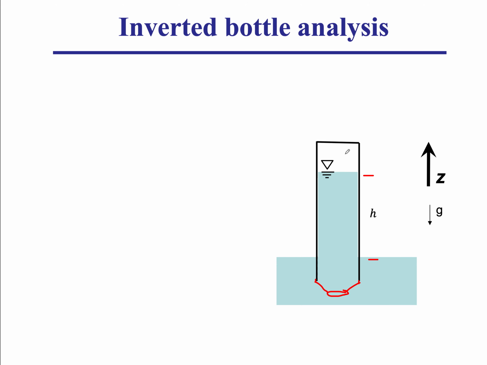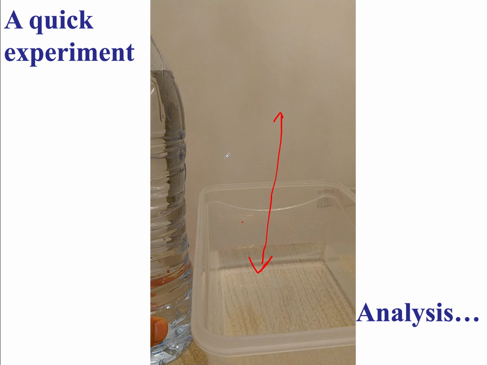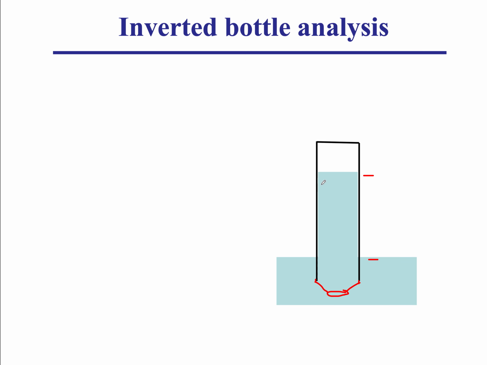So I've got two free surfaces. If you look at the previous slide, you get a free surface here, a gas pocket, because we lost some water here, and that's an air-water interface. I also got a free surface here, another air-water interface.